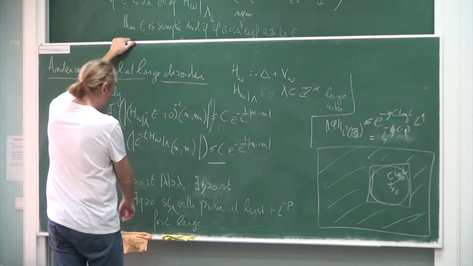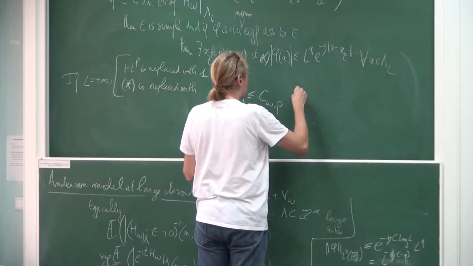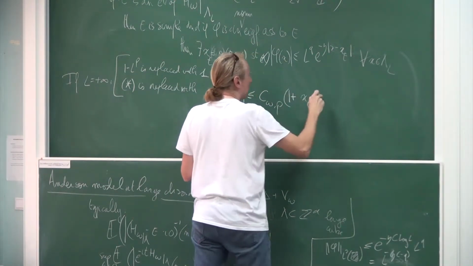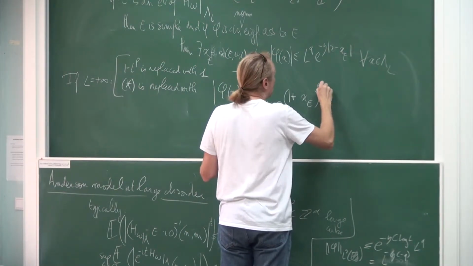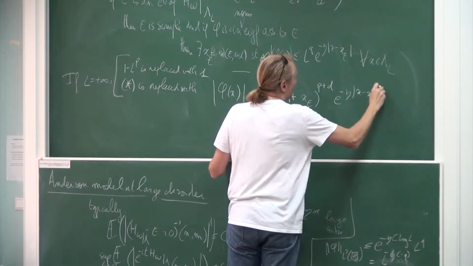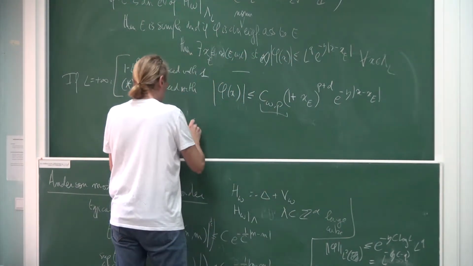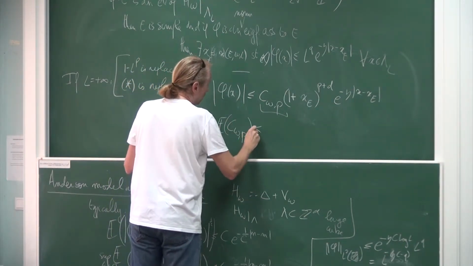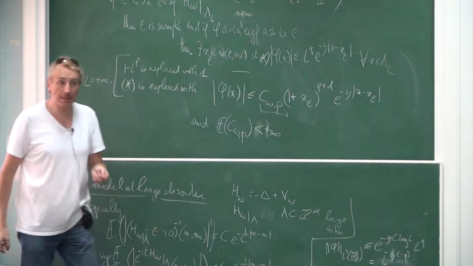Actually, what you should have said, you can take Q to be P plus D. There is a constant C that depends on omega and P, such that here you should take P plus D, e to the minus eta times the distance to x of E. And the important thing is, what can you say about this? The expectation of C omega P is finite.